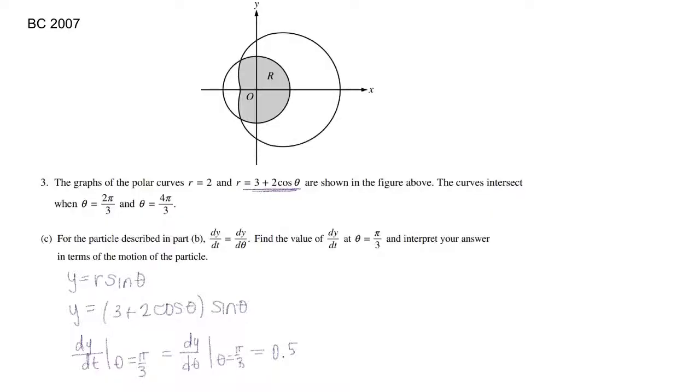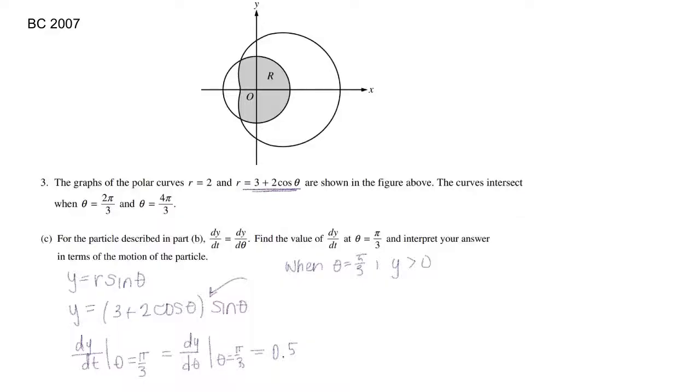When theta is pi over 3, what's going on here? R, again, would still be positive, wouldn't it? Yeah, I would say r is going to be positive, and so all of this is still going to be positive because r was positive and then sine times that. So our y value here is going to be greater than 0, right?